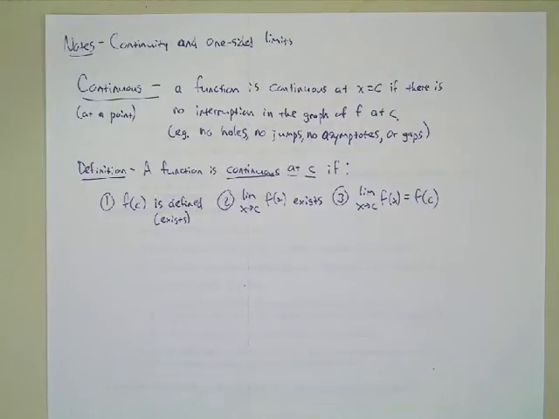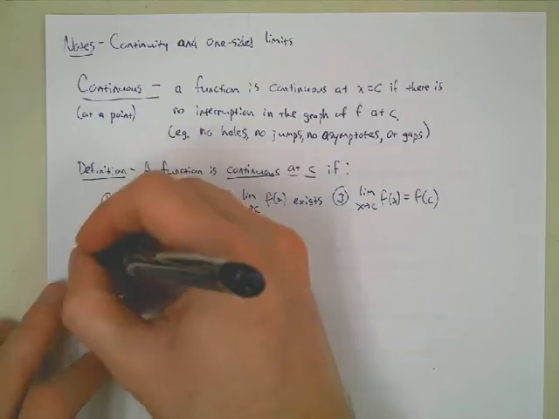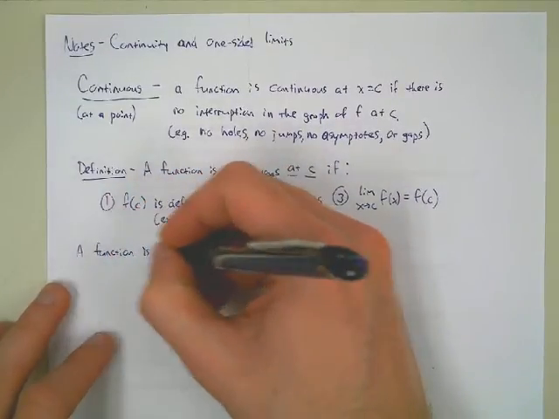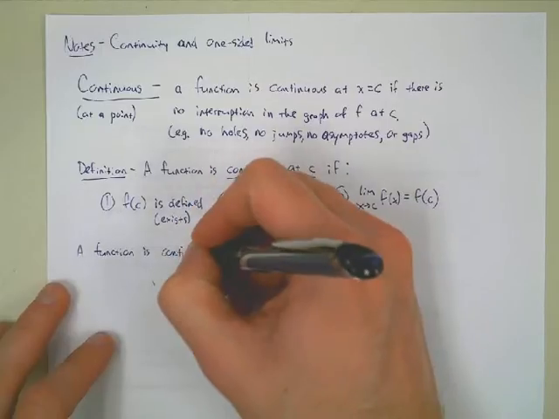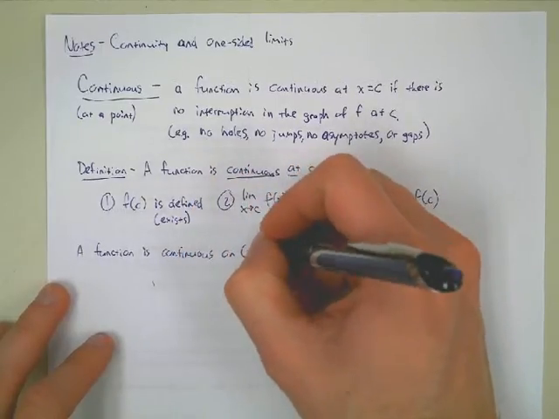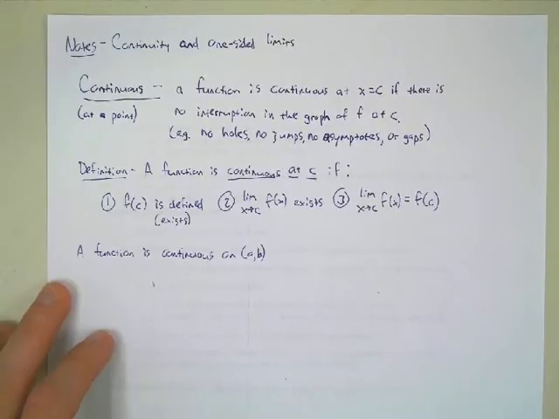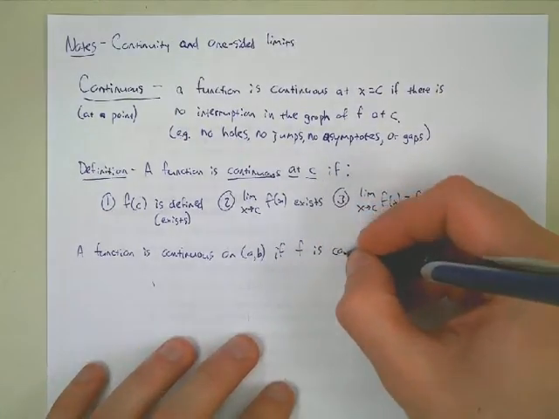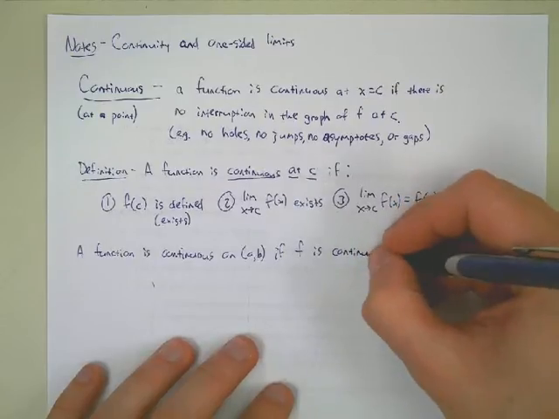And then for the interval, a function is continuous on the interval (a, b). I'll do the open interval. If f is continuous at each point in the interval.